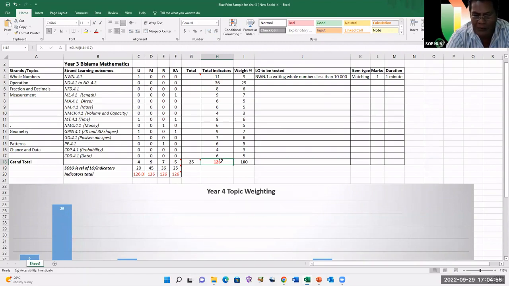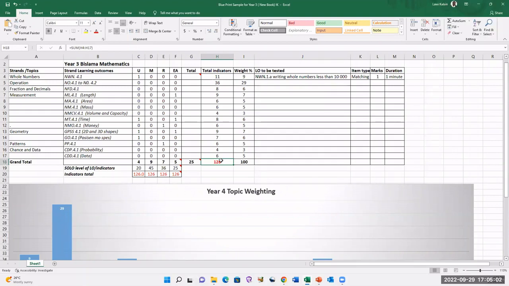Once the student has achieved the learning outcome, only then do you call it one. You teach him and he achieves it.